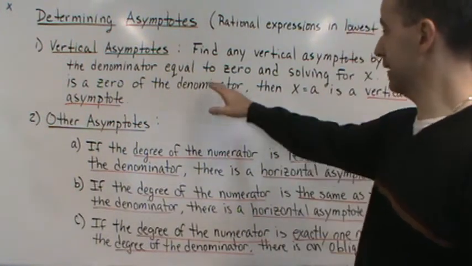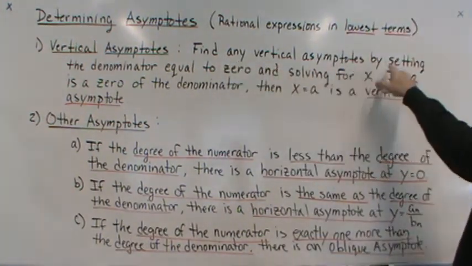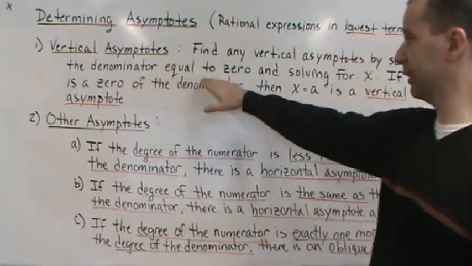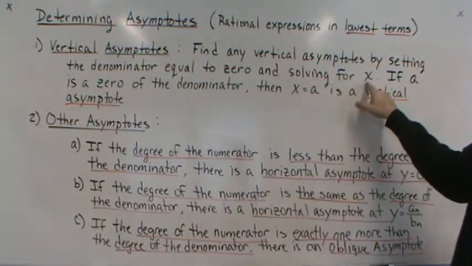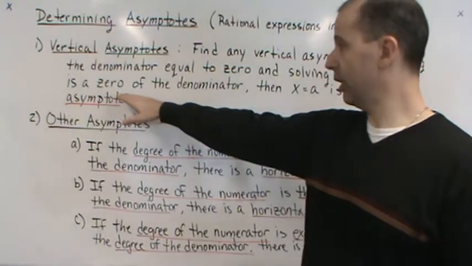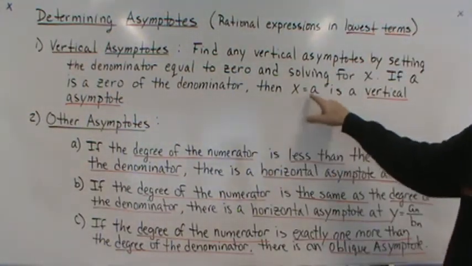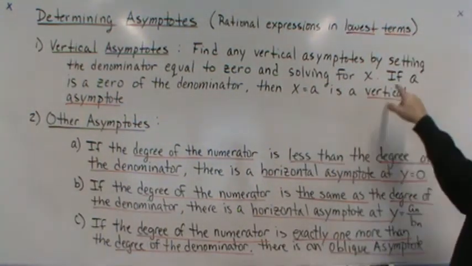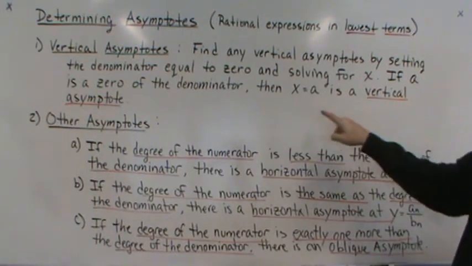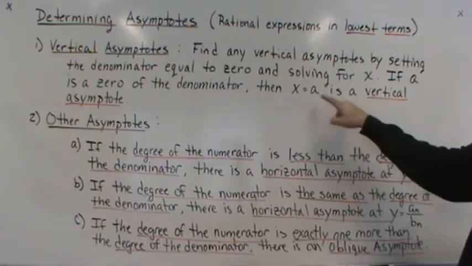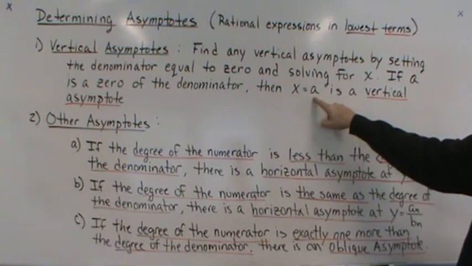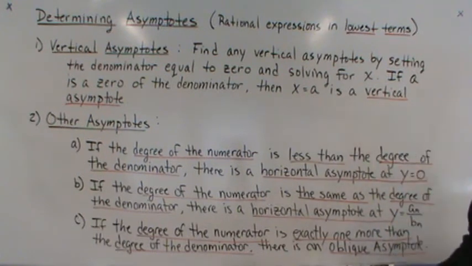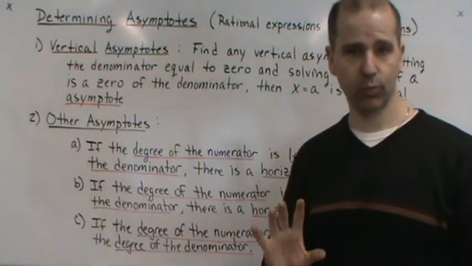So find any vertical asymptotes by setting the denominator equal to 0 and solving for x. If a is a zero of the denominator, then x equals a is a vertical asymptote.